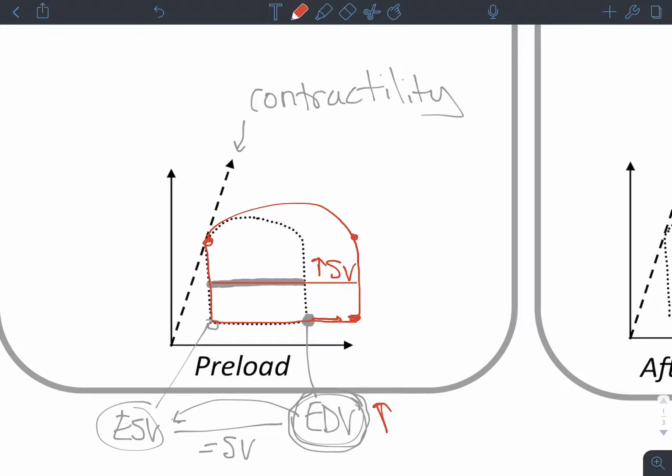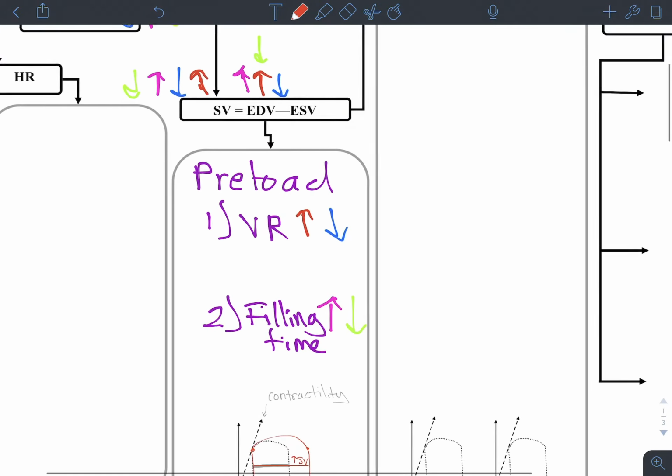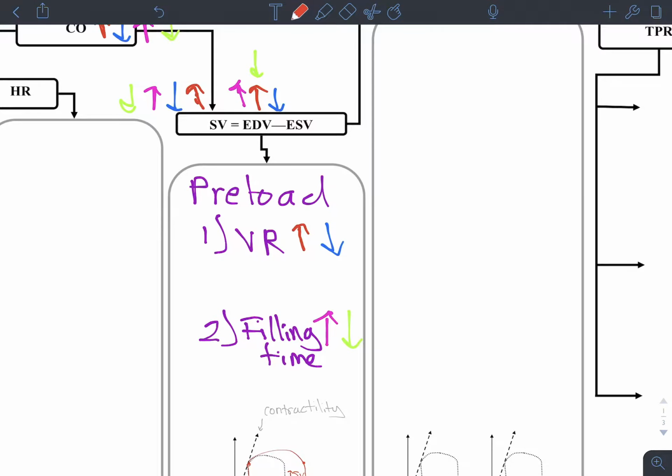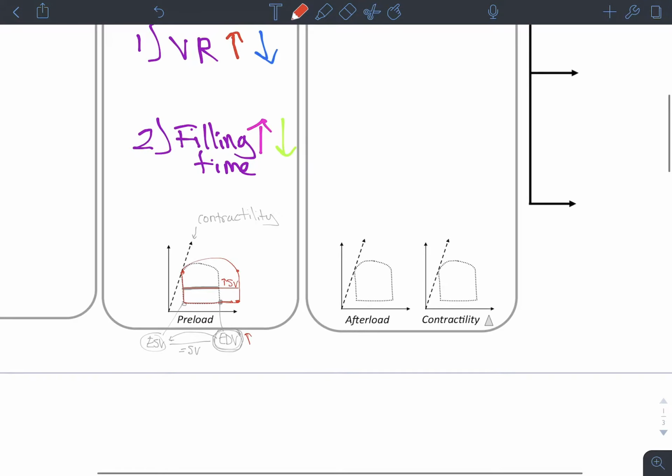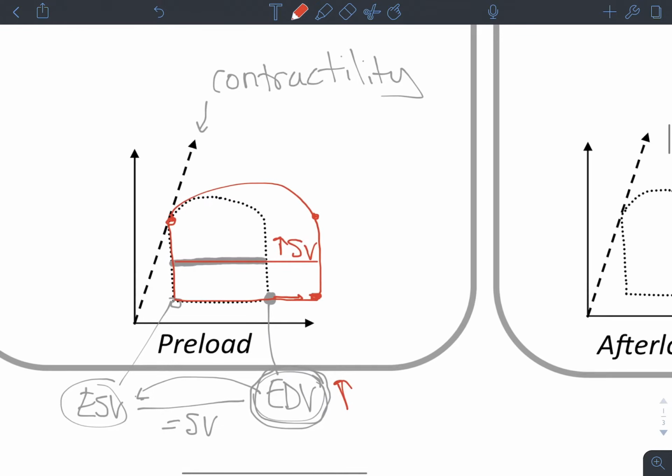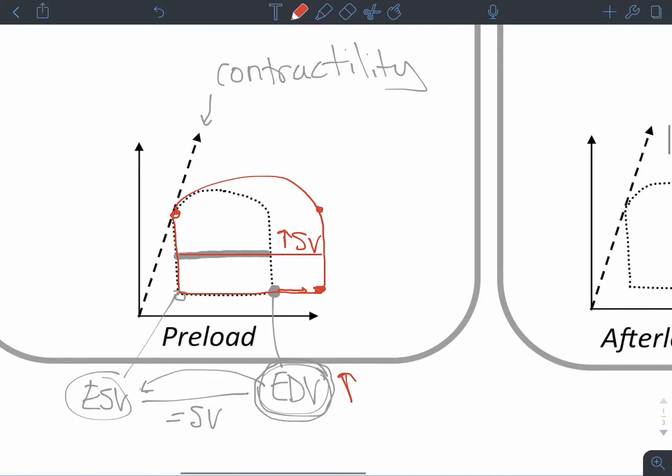And let's see if that's true with what we've already drawn out. Increase, increase, increase, increase. Yep, that looks correct. So we're increasing cardiac output, we're increasing stroke volume. Perfect. All right, so now let's do the opposite. I'll do that in blue. Instead of increasing EDV, let's decrease EDV.